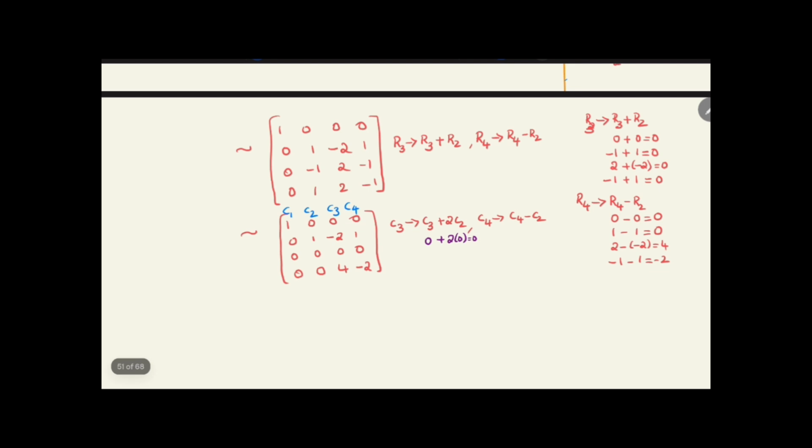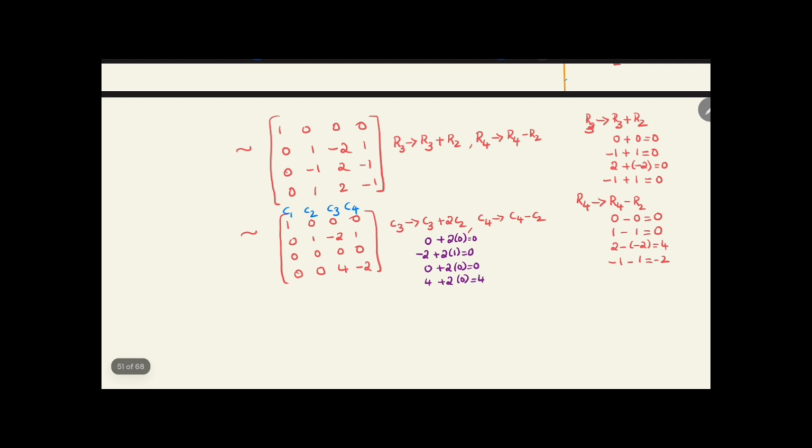Next, what is the second element of C3? It is minus 2 plus 2 into 1, which is 0. Okay. Next, the third element of C3 is 0 plus 2 into third element of C2 is 0, which is nothing but 0. Next, fourth element of C3 is 4 plus 2 into C2 is 0, which is again 4 here.